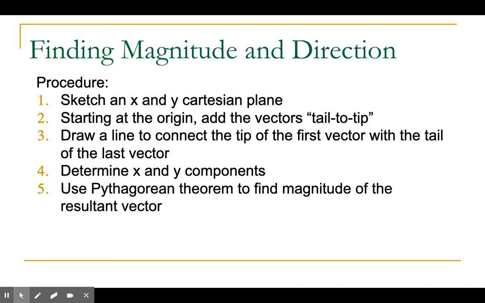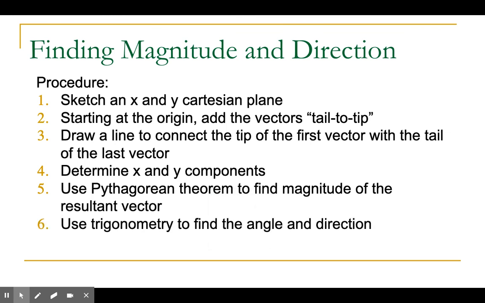The second to last step is to use the Pythagorean theorem to find the magnitude of the resultant vector, using our shortcut equation. After the magnitude is determined, we use trig to find the angle and the direction.